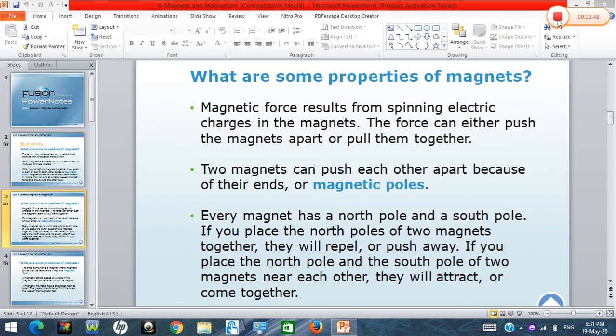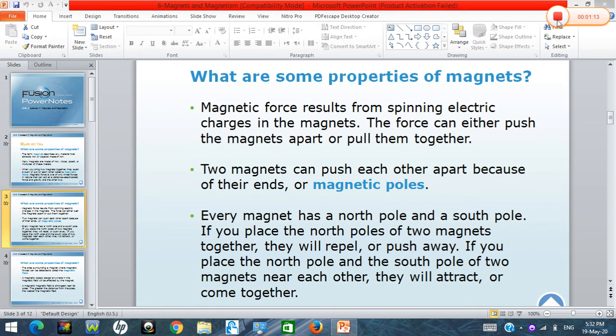Rapidly, let's remember what was explained in the previous session. Firstly, what is the magnet? Magnet is a piece of rock or metal that attracts or pulls a certain kind of metal toward itself.